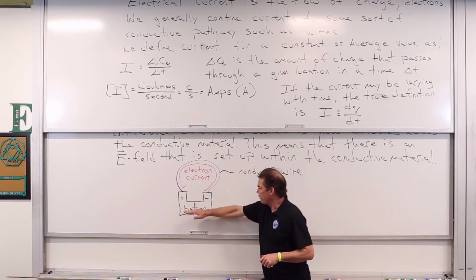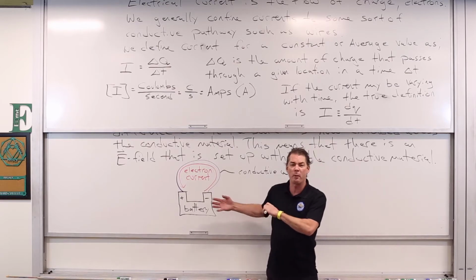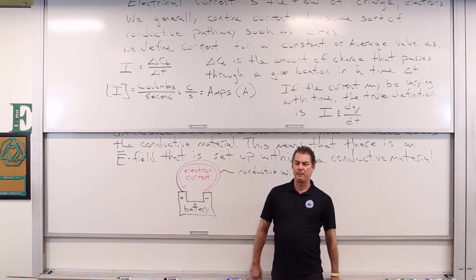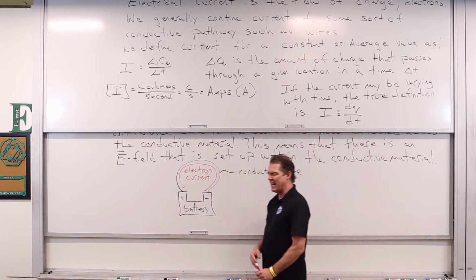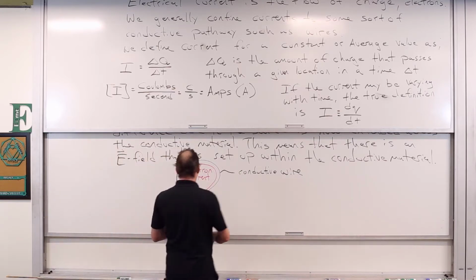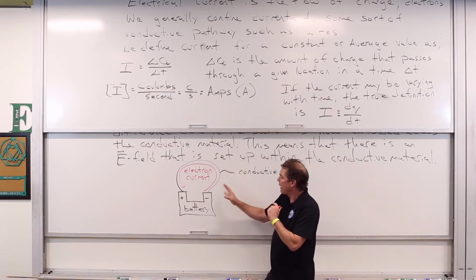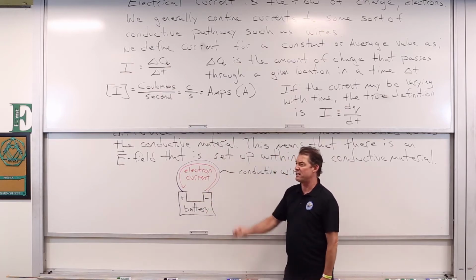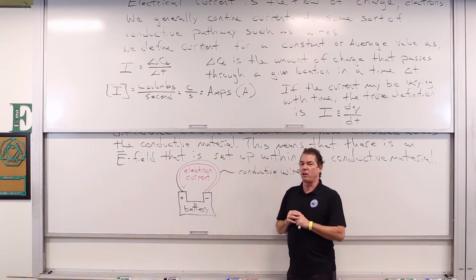We find that if we increase the potential difference, if we use, instead of a 12-volt battery, a 24-volt battery, we get more current. There's a direct proportionality between those things. It turns out that the current itself is correlated with the potential difference of the source, but it's also correlated with the conductive material, how long that material is, and what its cross-sectional area is. There's all sorts of things that go into that.